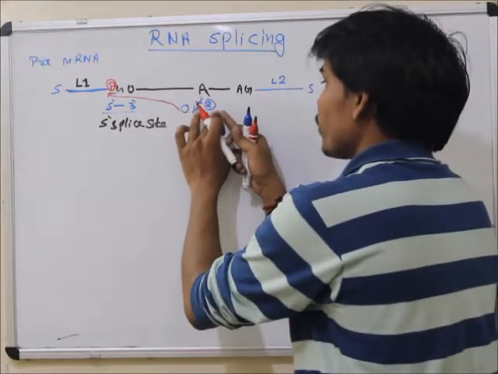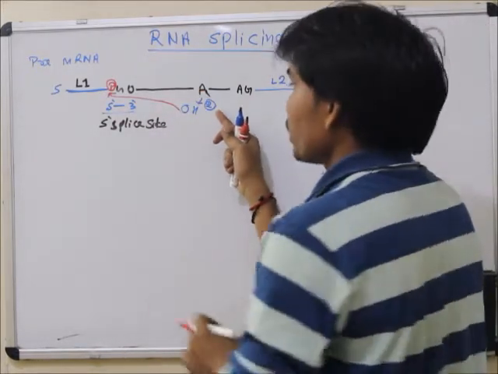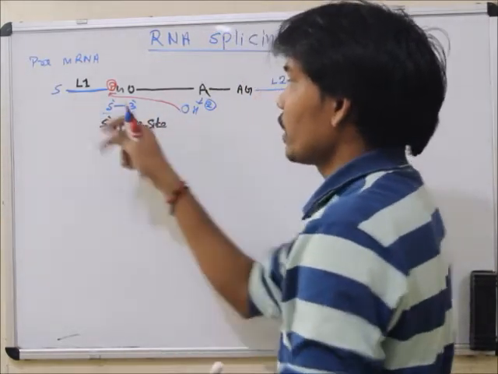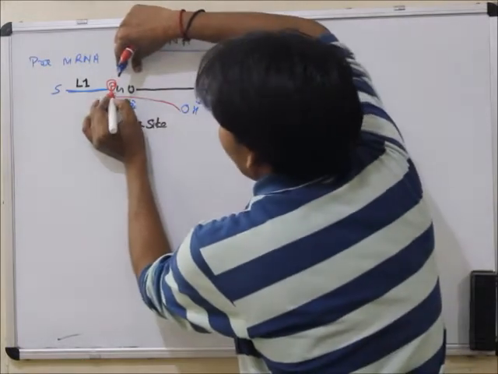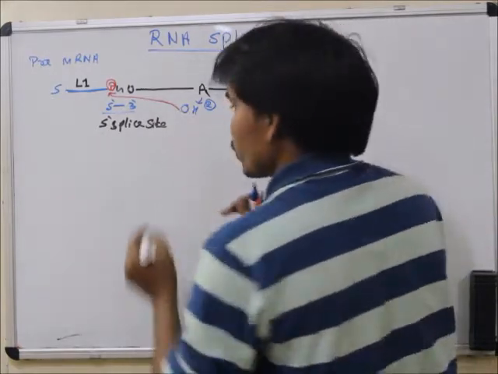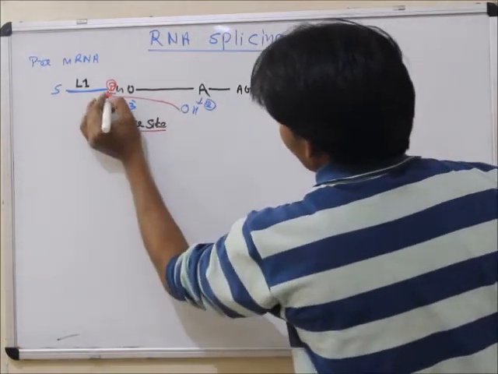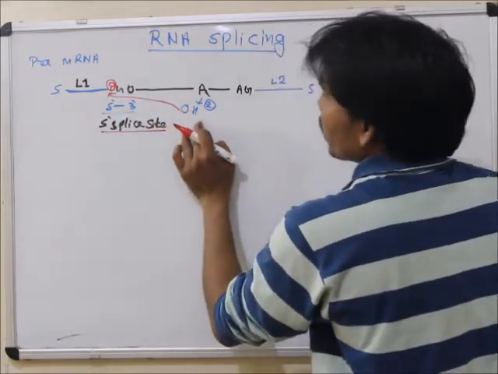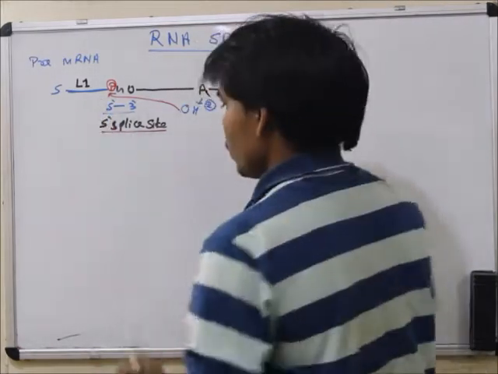The 2' OH of the adenine within the intron reacts with the phosphate at the junction of the first exon and the GU of the intron, the 5' phosphate, the 5' splice site. So the 2' OH reacts with the phosphate.